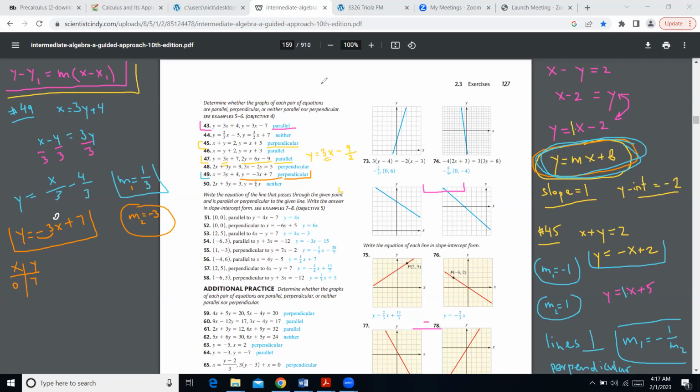The other number I like is 1. So if I put it here in the first equation, this is going to become -3 times 1 plus 7. So I subtract 3 from 7, and this gives us 4. So this is the other point.